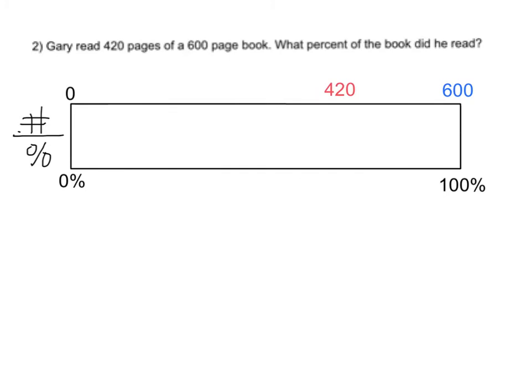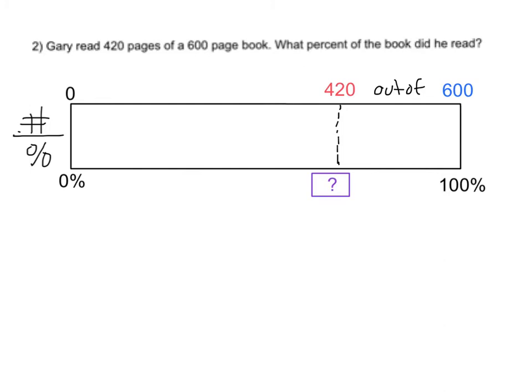Now, we also want to figure out what we are trying to find in this problem. Well, we know that there are 240 pages out of 600 pages, so we are now trying to look for the percent. What is the percent of this?